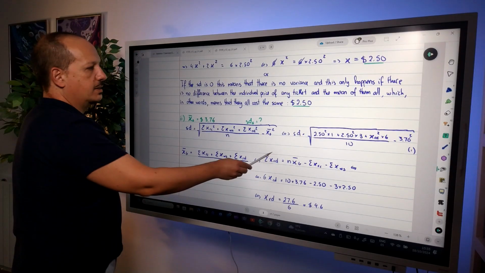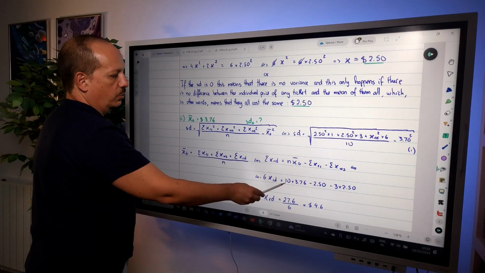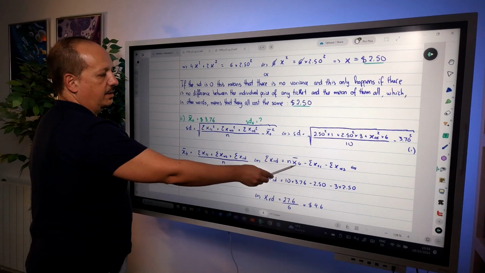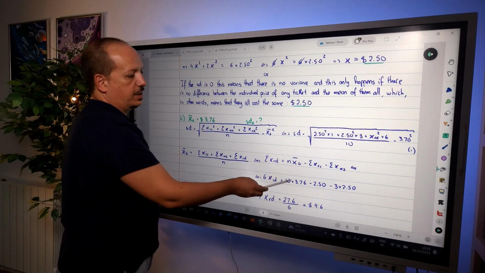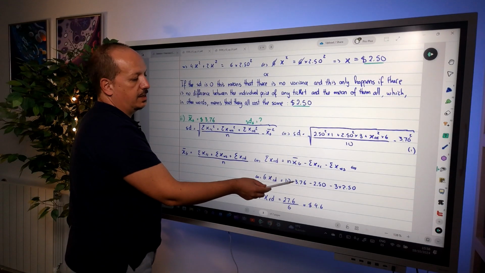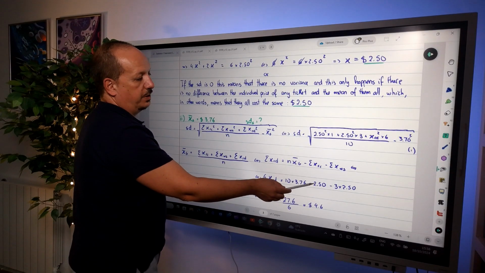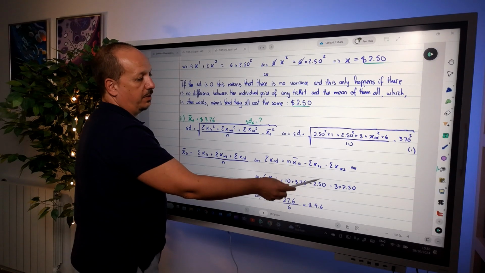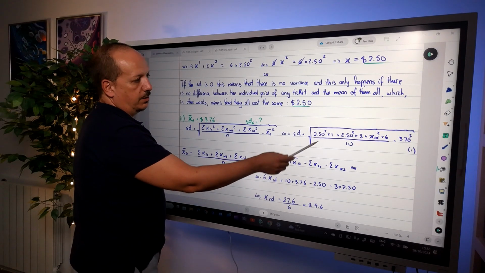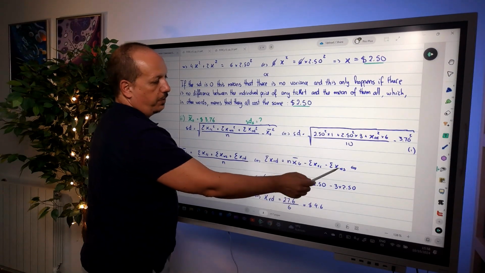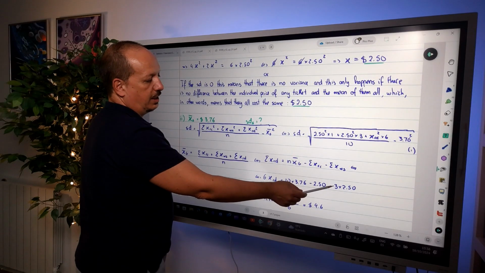So what are we going to do? We are going to substitute n is 10. The average of the price paid by this fellow is 3.76. We already know the value of this ticket is 2.5, and you only ride it once there. It's also 2.5 for that one, but you went 3 times on that one.